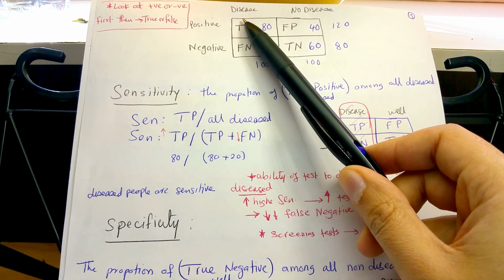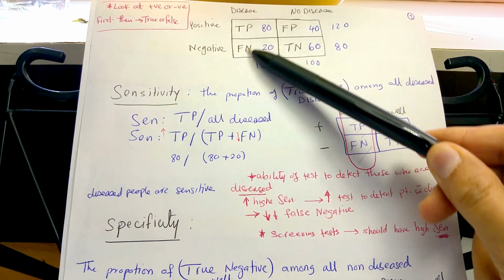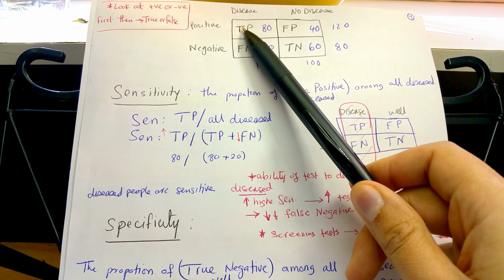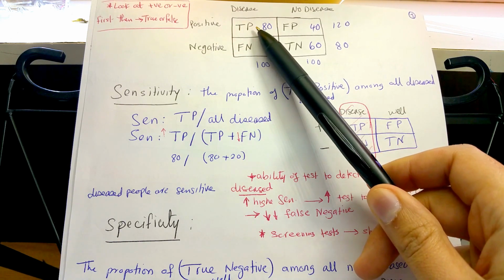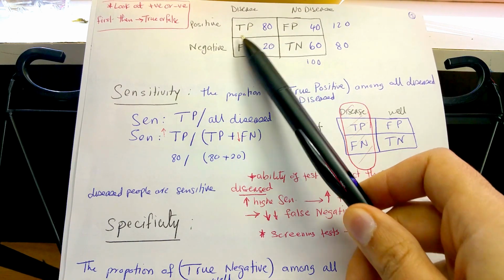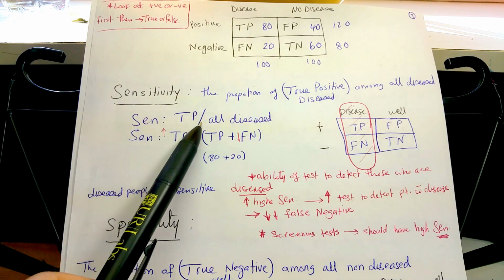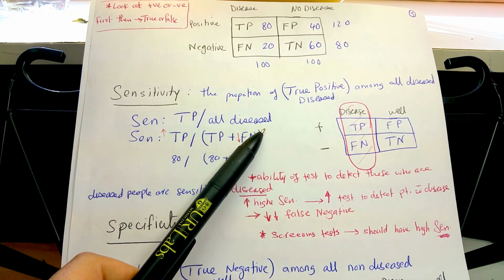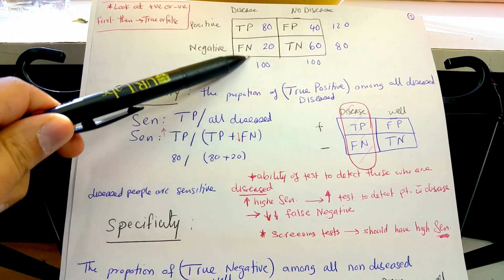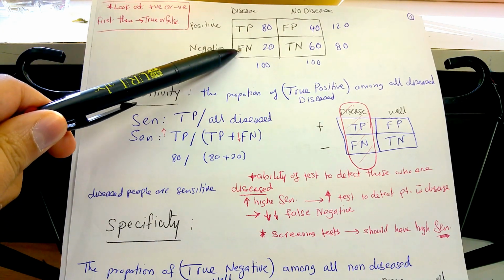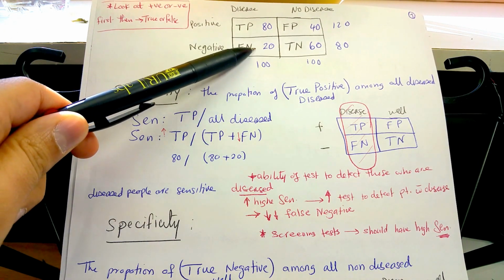But the fact is that they are diseased people. So we're looking for the true positive among all the diseased who are classified correctly. So sensitivity is the true positive among all diseased people. All diseased people are the true positive plus the false negative.